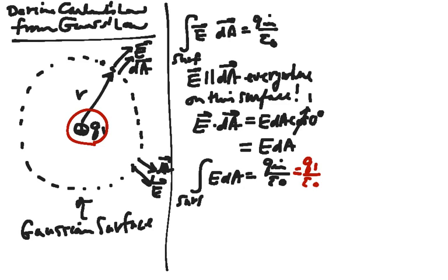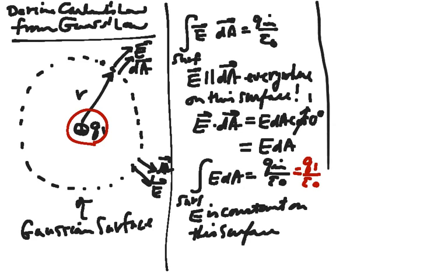Also, we know that the E field is constant on this surface. There's no reason why it should be greater at any point as opposed to any other point, because the whole surface is the same radius r away from the point charge, and by symmetry, the E field should be constant.